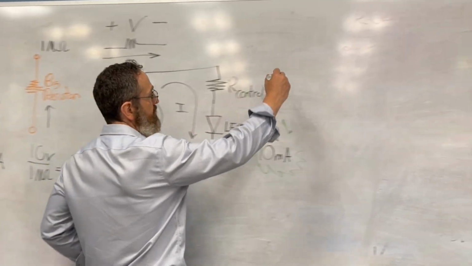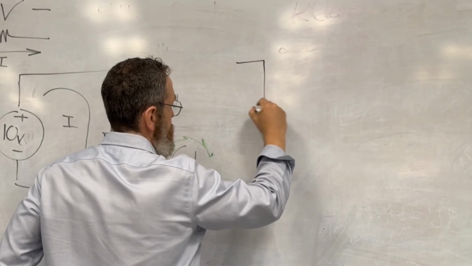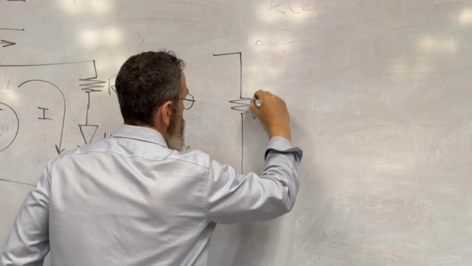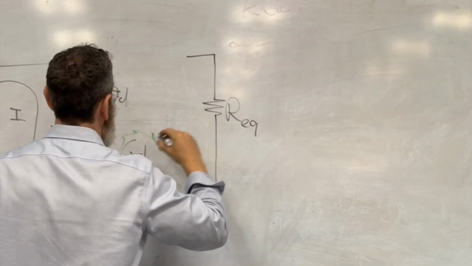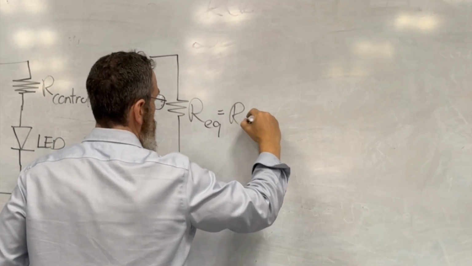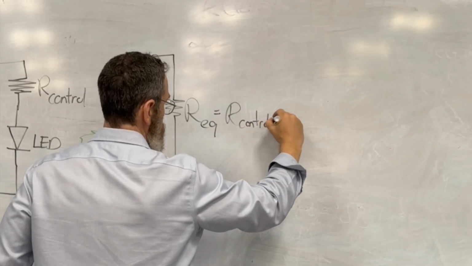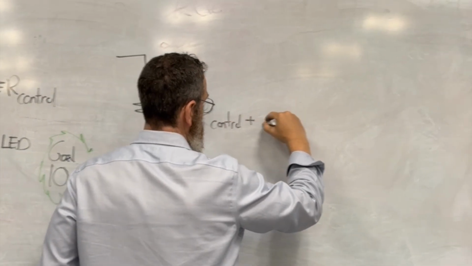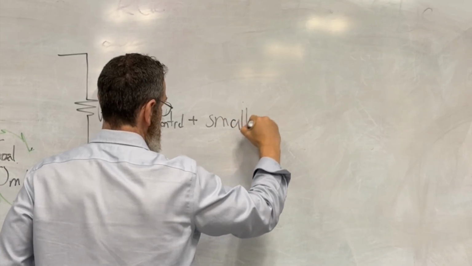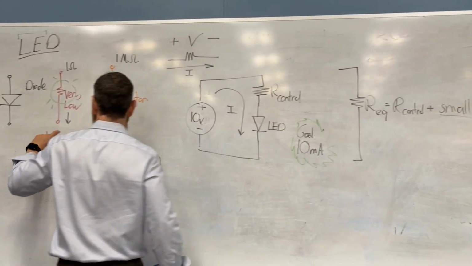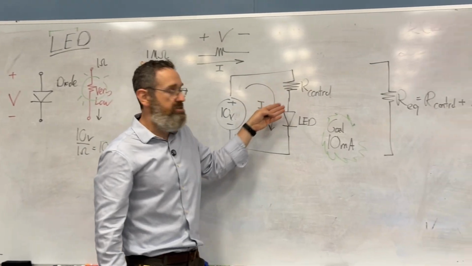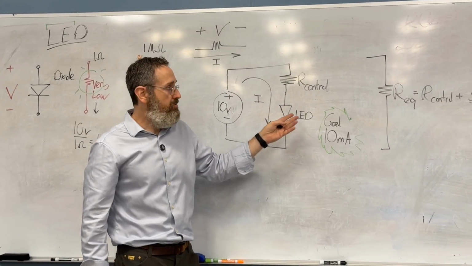So the R equivalent is going to be R control plus, and I'm just going to write here something small, right? It's a small contribution. And this is how you add resistors in series, right?